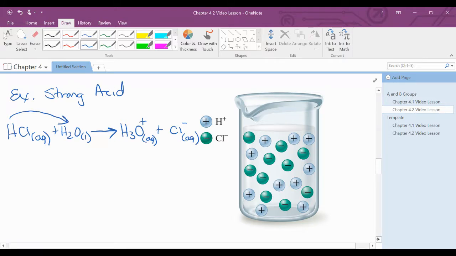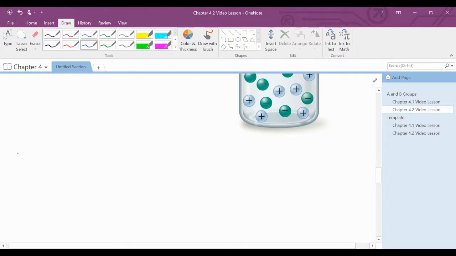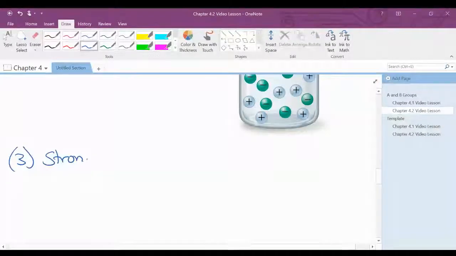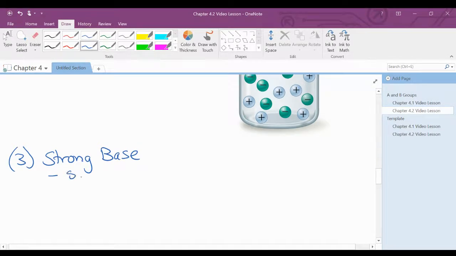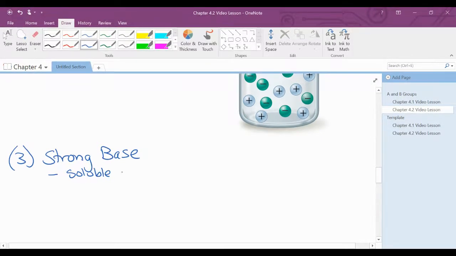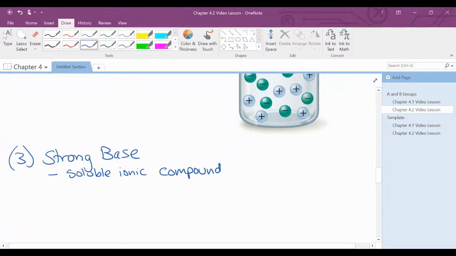The third type of strong electrolyte is a strong base, the third class. So a strong base is a soluble ionic compound containing hydroxide ions.